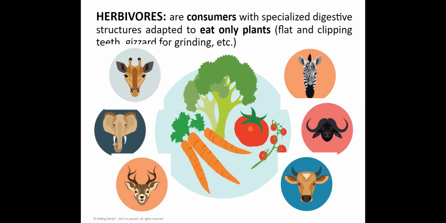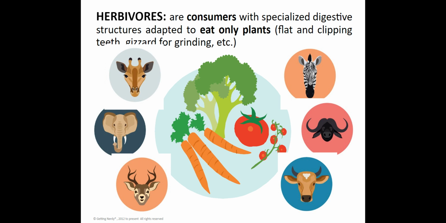First, we have the herbivore. Find where it says herbivores. They are consumers with specialized digestive structures adapted to eating only plants, such as flat clipping teeth and a gizzard for grinding.